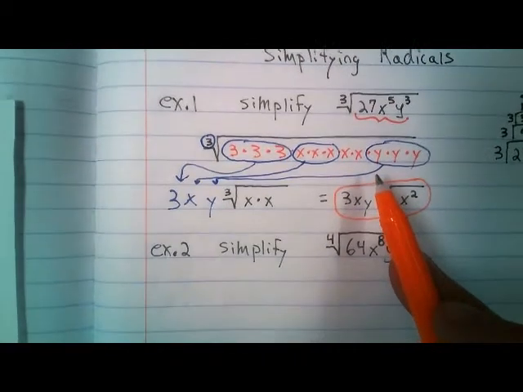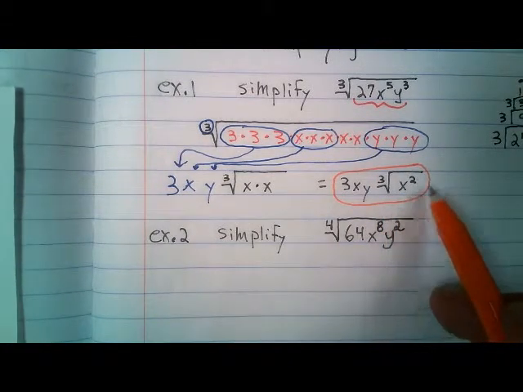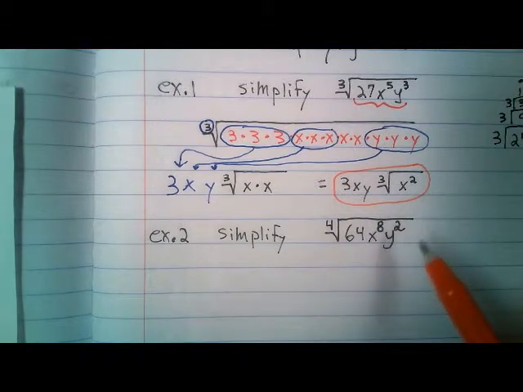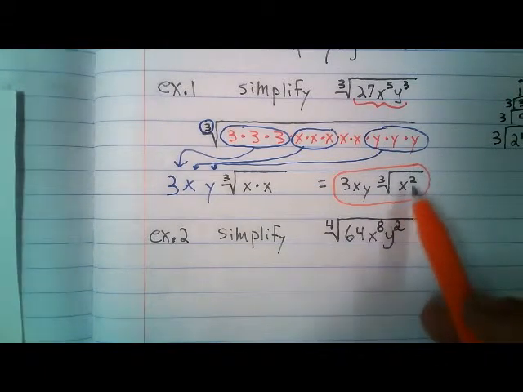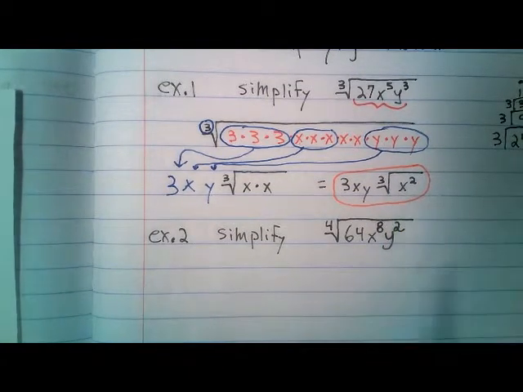And x squared is not a perfect cube because it would have to be greater than 3 for me to pull it out. So there's no more x's left to combine with x squared, so I had to leave it inside this cube root symbol. And that's how you simplify cube roots.